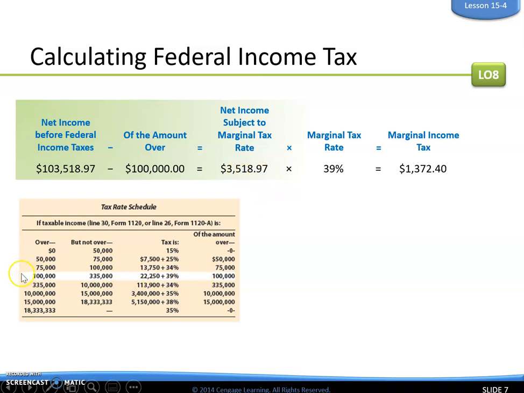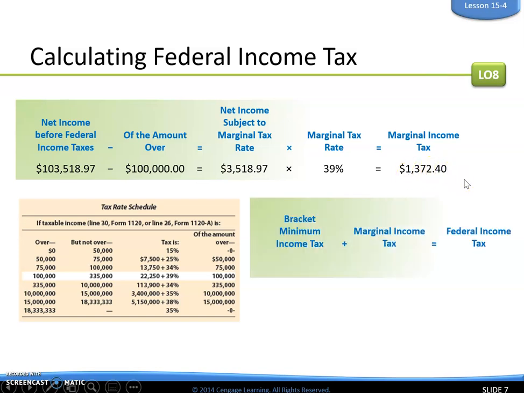We looked at this tax bracket and we are at 39% for our marginal tax rate. We're going to multiply those two numbers together to get our marginal income tax, $1,372.40.